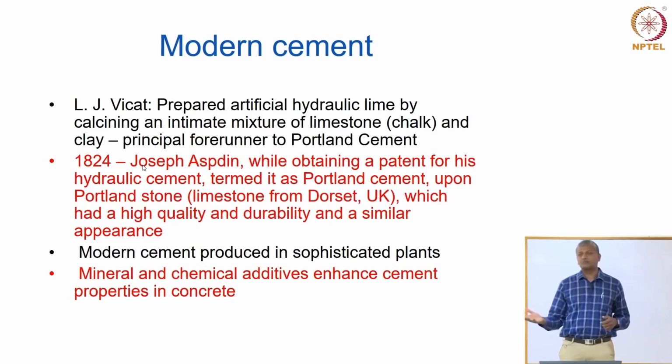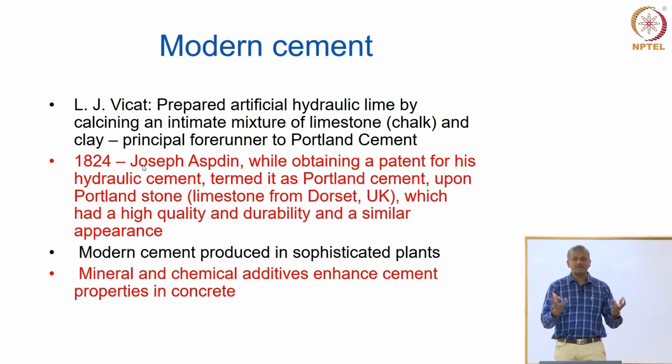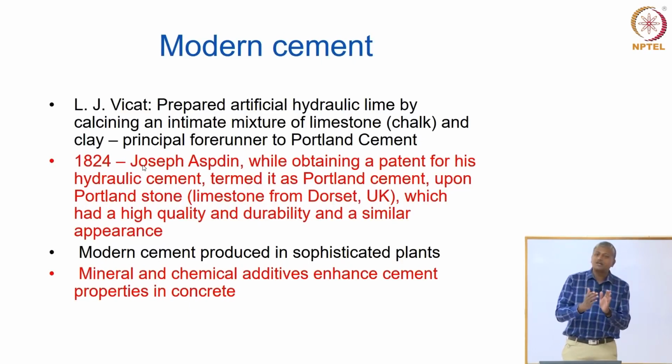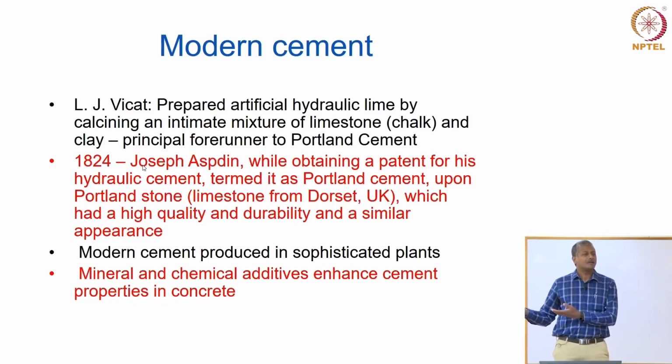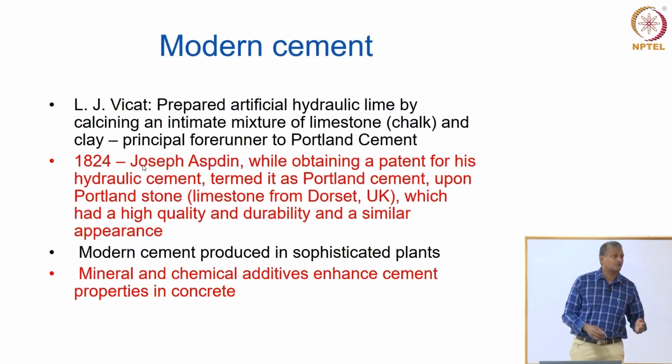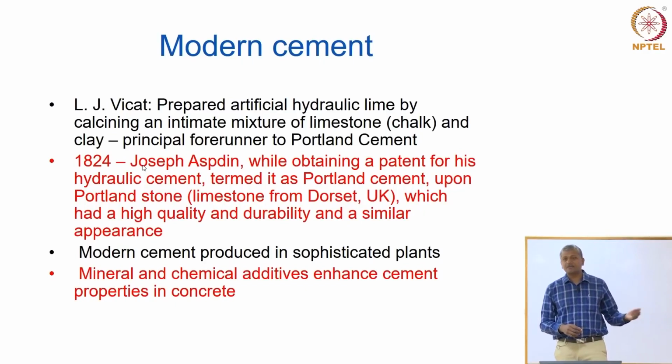So modern cement is obviously produced in sophisticated plants. If you go to a cement plant, you'll see the kind of control they have on each and every process of manufacture, with which they are able to get a product that has a very low degree of variability, and that can be used to actually engineer the materials. On the other hand, if you go to a kiln where the lime is produced, many of you may have seen this while going by bus or train across rural areas, you see these lime kilns, people are not really controlling the process well enough.